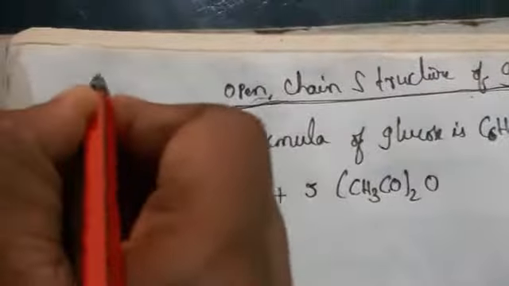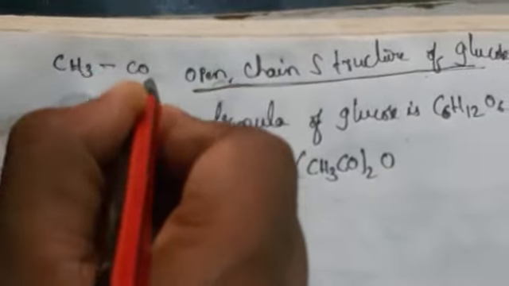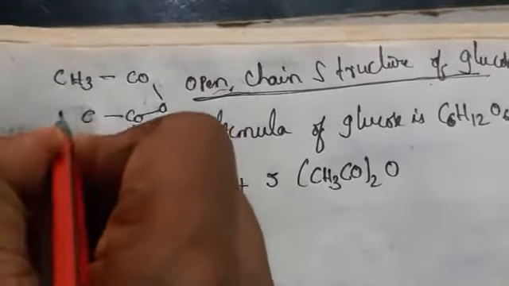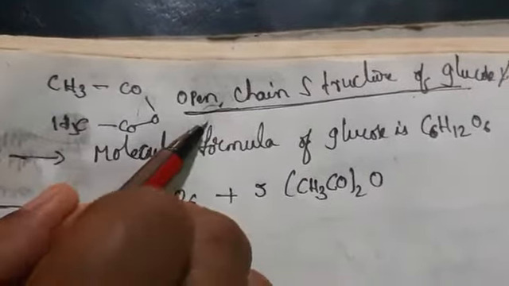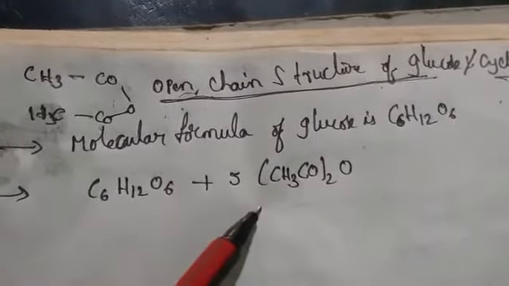The general structure of acetic anhydride is CH3CO-O-COCH3. How many molecules are we taking here? 5 molecules.